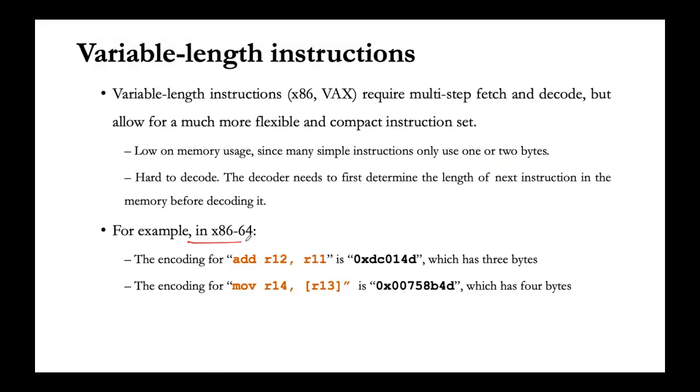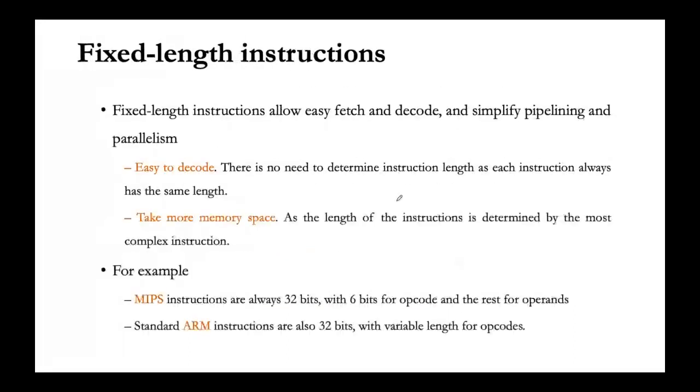For example, in x86-64, to encode the instruction add R12 and R11 and store the result in R12, it takes 3 bytes only. But encoding the move instruction requires 4 bytes. That is the difference, and we call it the variable length instruction.